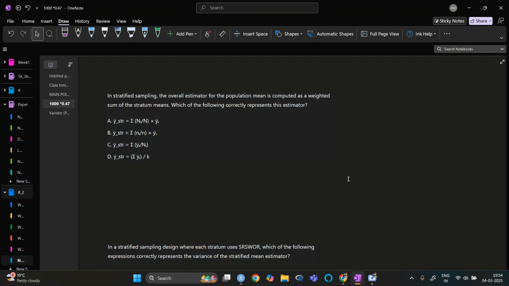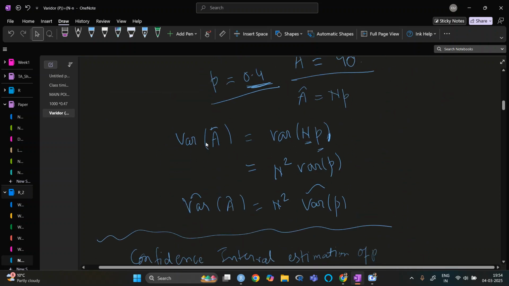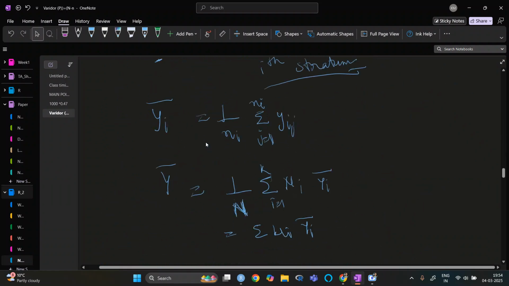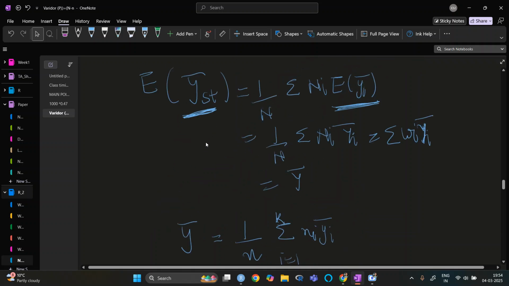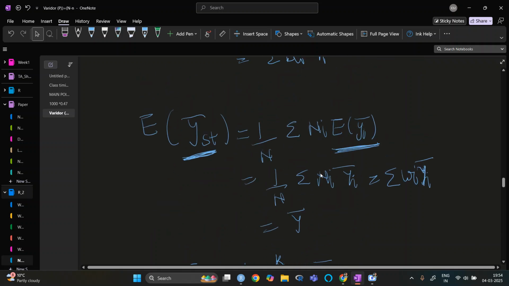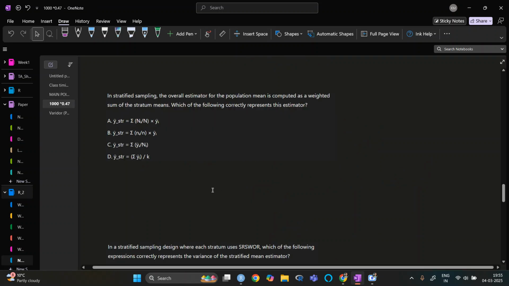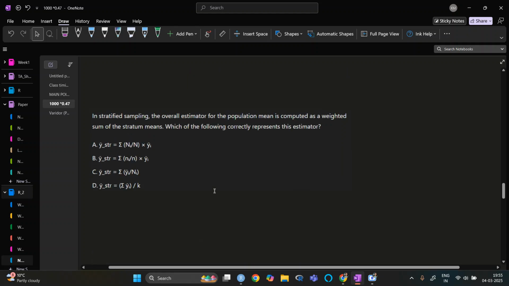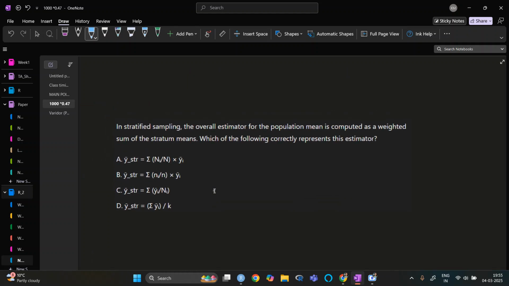So, y stratum we have just seen here. y stratum is basically the summation of capital Ni by Ni times yi, so it will be capital Ni by Ni.